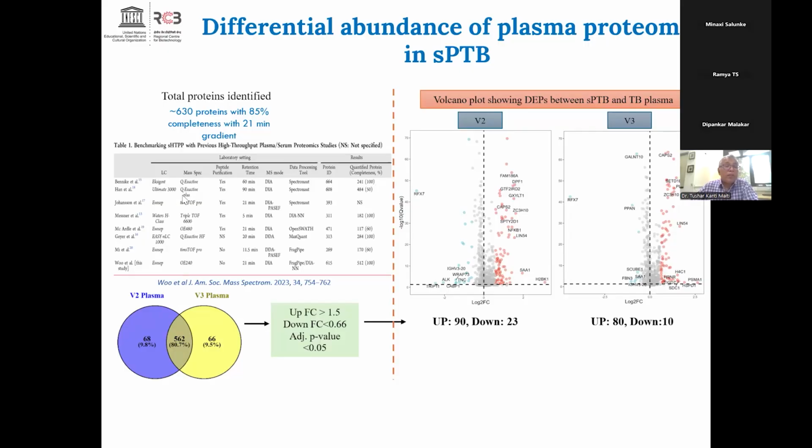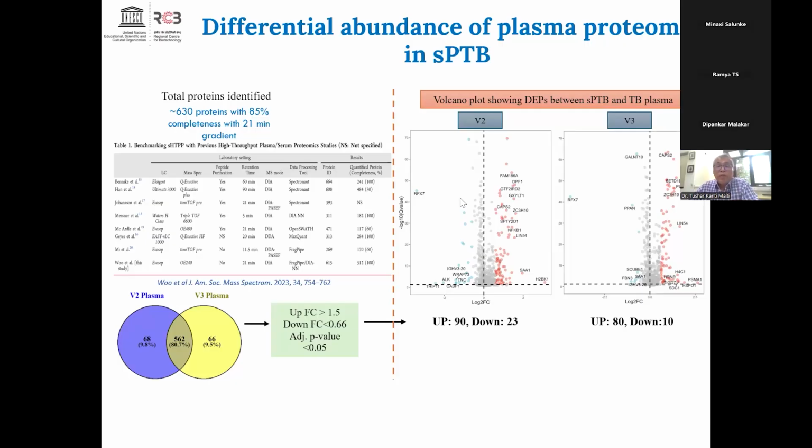In the case of the Q Exactive with a 90-minute gradient, you can see 484 with 50% completeness. Even the timsTOF Pro could give very low coverage using a shorter gradient. In our case, we identified approximately 630 proteins with 85% completeness, which is really a good number using the ZenoTOF system.